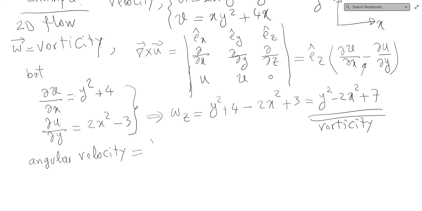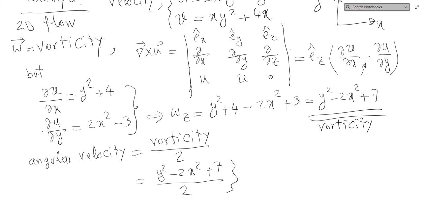We know that it is simply vorticity divided by 2. So we get y squared minus 2x squared plus 7, divided by 2. So this is my angular velocity.